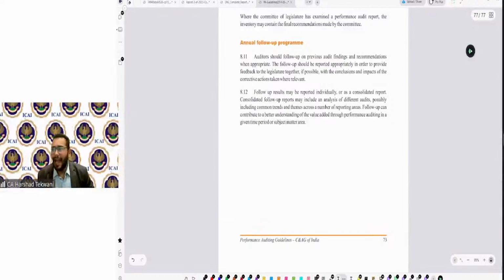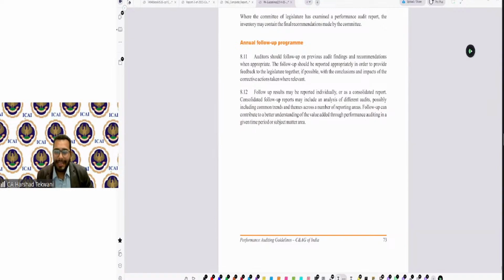These are certain guidelines which are already provided by the CAG with respect to performance audit. In the same way, there are guidelines with respect to compliance audit issued by the CAG. Then there are standing orders issued by the CAG which are required to be followed, kind of accounting-standard-like orders. So there are CAG auditing standards, specific standards that are issued.